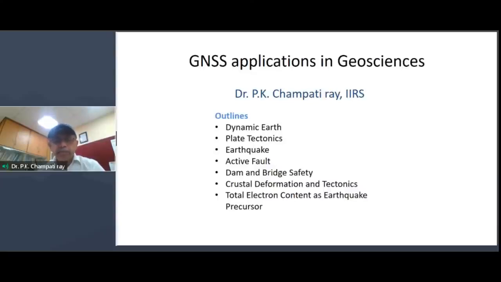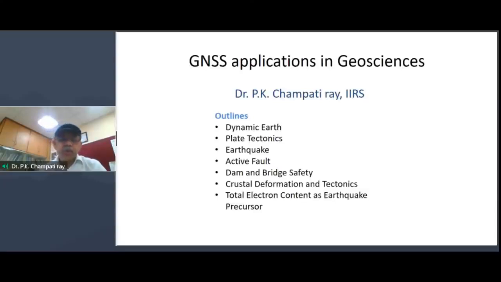And if you take the time scale since the formation of the Earth, almost 4.5 billion years ago, this movement is also highly variable. It depends on which plate we are talking about. Each plate has its own variable rate of motion ever since the plate started moving.